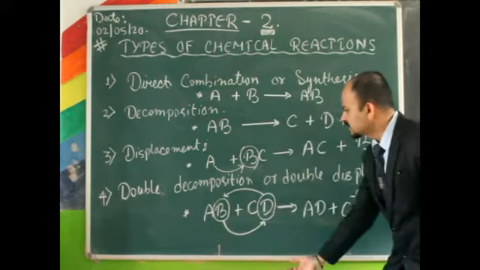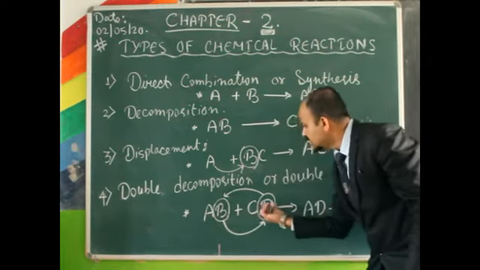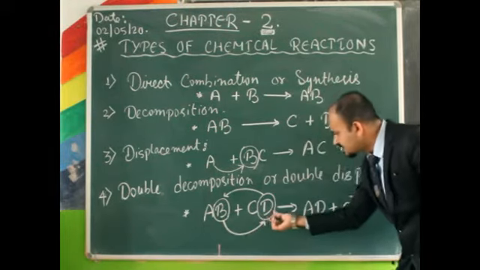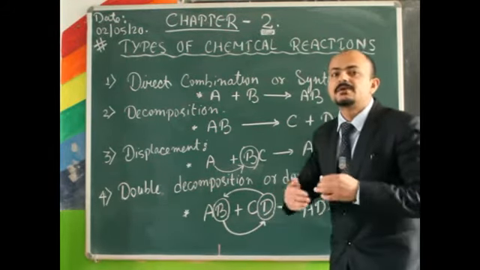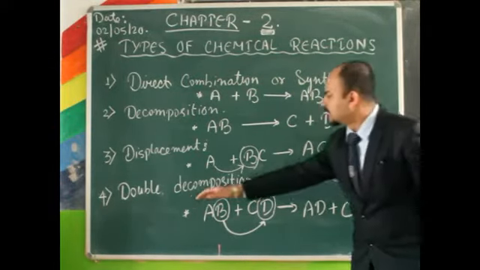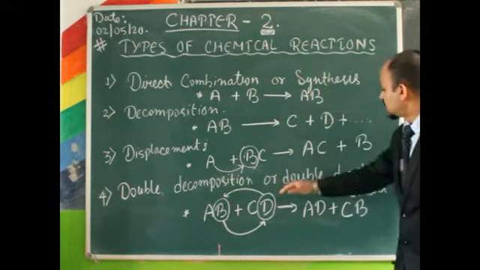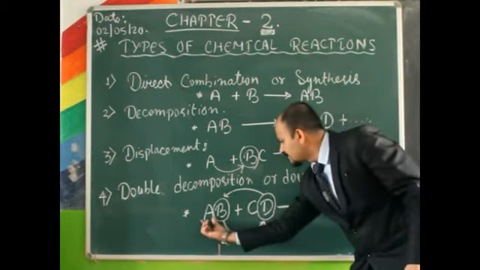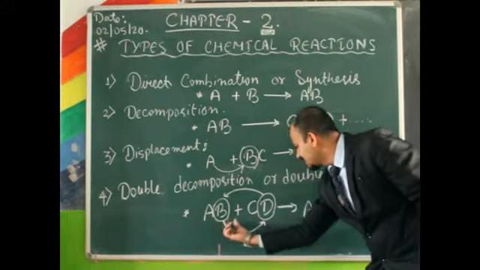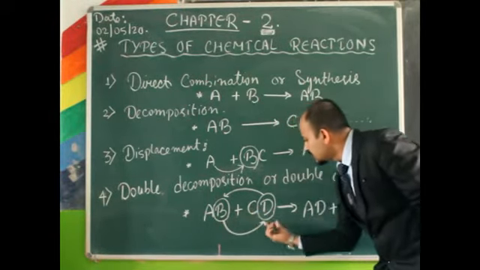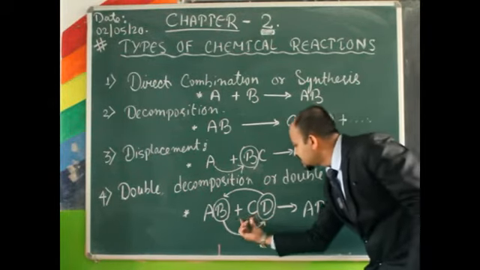So as a result, in place of B, D has come, and in place of D, B has come. That means there is double displacement. Such reactions are known as double decomposition or double displacement reactions. So here the product after the displacement is AD, and the second product that we have is CB.